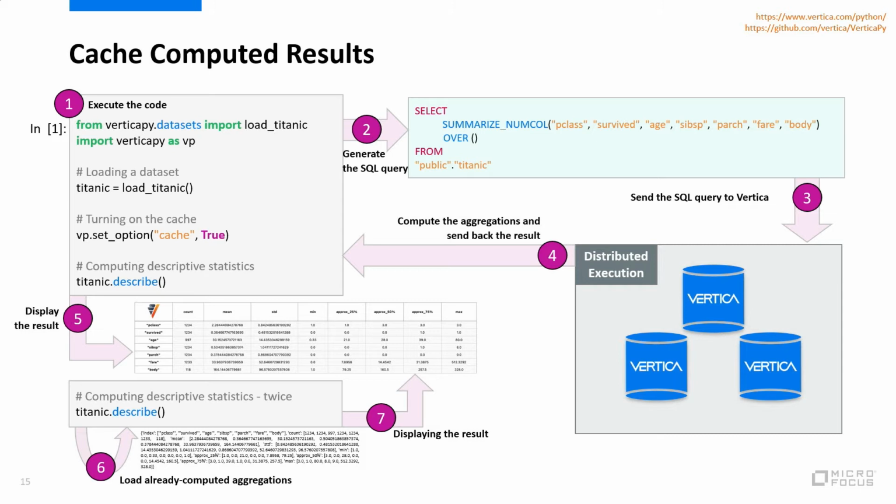You can use this option and set it to true, as you can see in the code. And then when you compute the aggregation, the first time I did not compute them, so Vertica will distribute the execution and send back the result. And the second time, when I try to compute it again, the results are cached. So they are stored inside the data frame object.